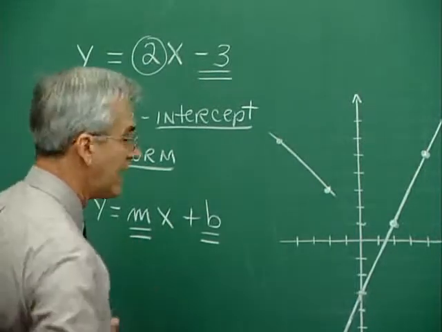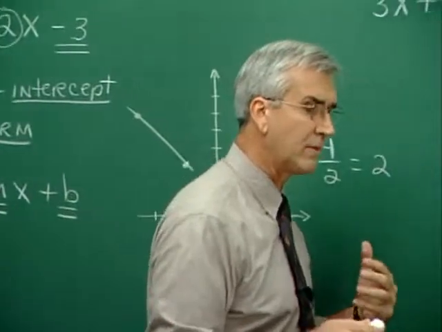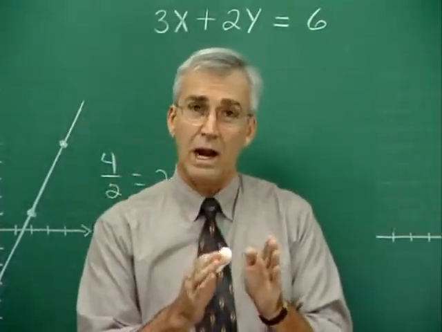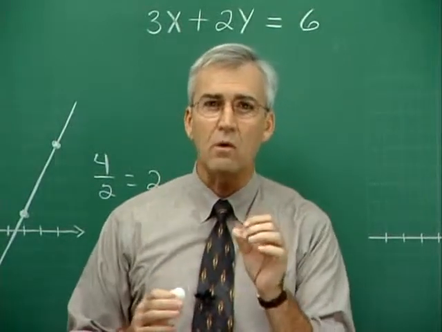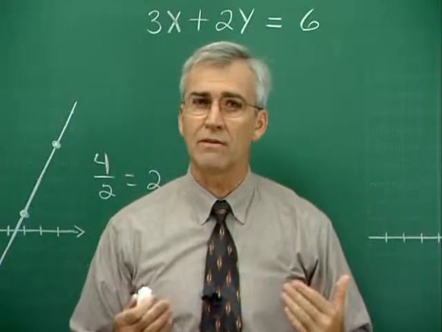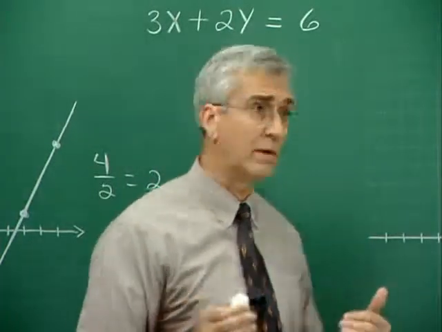Now, this form can be used in graphing. That is, if we know the slope and we know the y-intercept, then we can identify the place for the y-intercept, and then from there we can generate points to plot to construct the graph. So instead of using a strictly point plotting method, we can use the slope and the intercept.